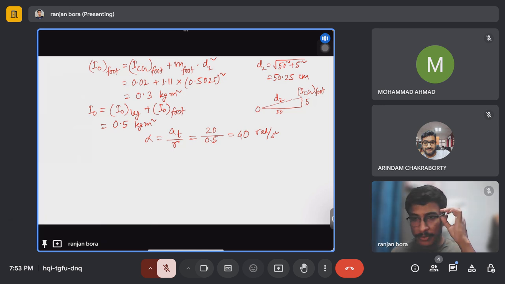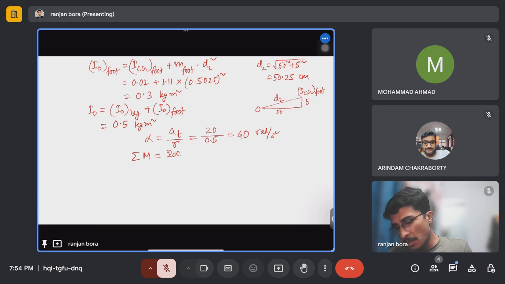So now we'll use the equations of motion which we have discussed earlier. What was the equations of motion? We have summation of moments equal to I alpha. So moment about point O, I about point O. What will be the summation of moment about point O?